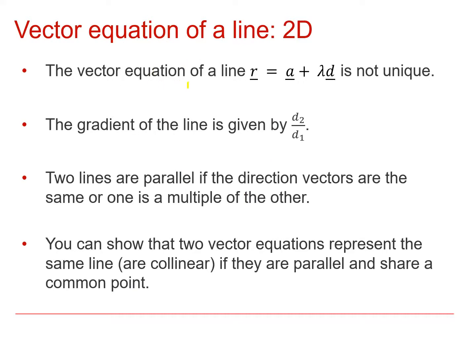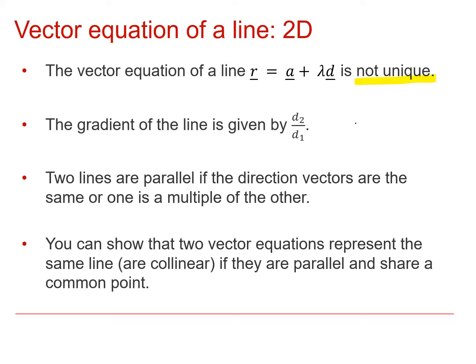So, a little bit of a summary here. The vector equation of the line is not unique. Remember that you can change the known point for another point on the line, and you could use a negative version of d, so it's still parallel but in the opposite direction, or indeed any other multiple of d.